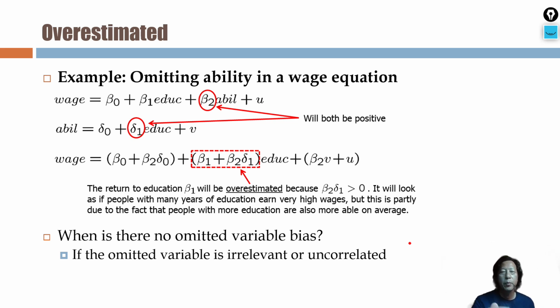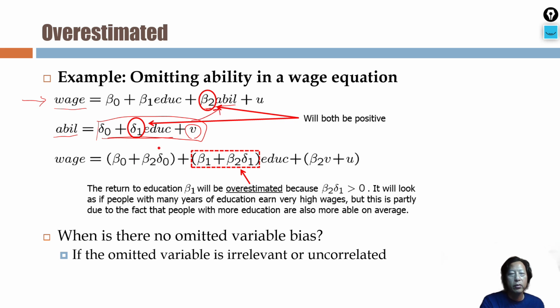Overestimation. If this is positive, okay, so this is the real relationship. Wage is affected by education and affected by ability, and we have a beta 2 here. But if ability can be explained by education with an error, then we can replace ability with this form, right?